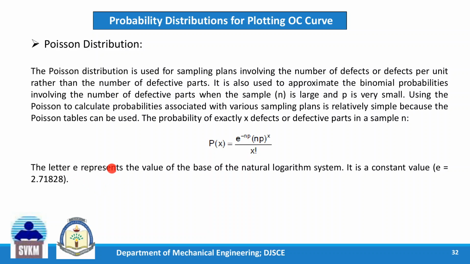The letter e represents the base of the natural logarithmic system. In this case, n, the lot size, is immaterial, as with the binomial distribution. So the Poisson distribution can be used approximately instead of the binomial when the sample size is large and the incoming lot fraction defective is small.